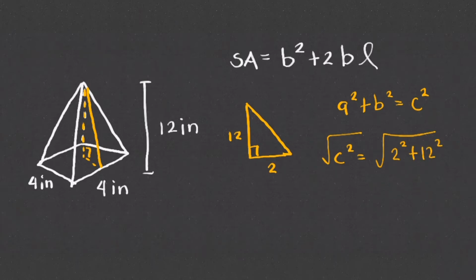Let's plug it in the calculator. Therefore, the hypotenuse, or the slant height, is equal to 12.17 inches.